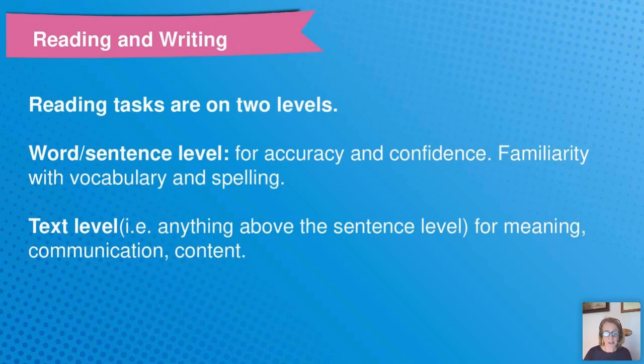As teachers, we work initially on the first level, the word and sentence level, but we should encourage learners to consider the text as a whole. Okay. I'm going to show you a text on the next slide, and I want you to have a look and tell me, what is the problem?